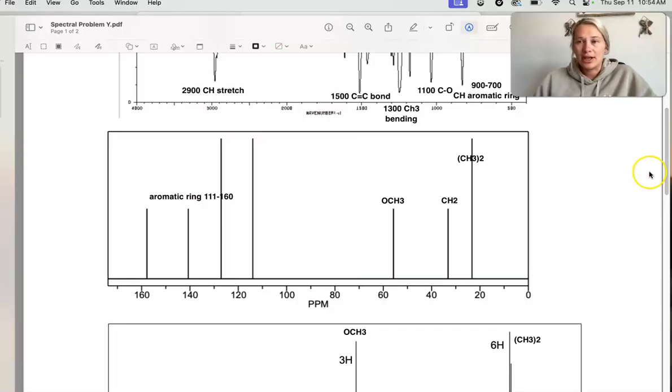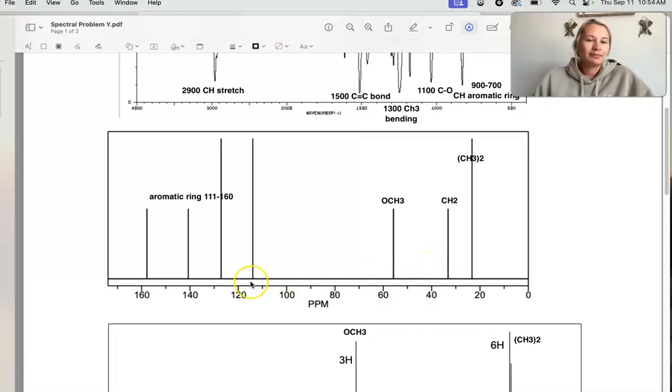It does not show the full 10. I found the methyl group carbons, 2 of those, at about 23. Then we have our CH at about 35, and our methyl oxy group at about 55.